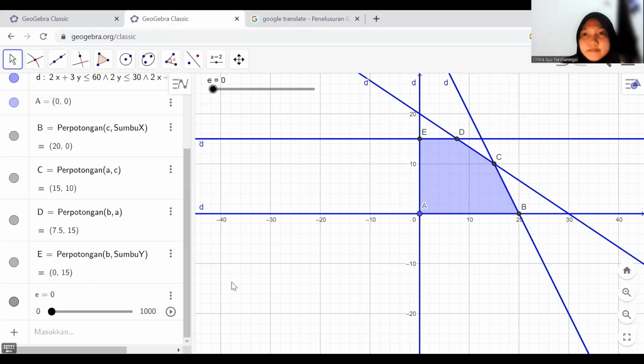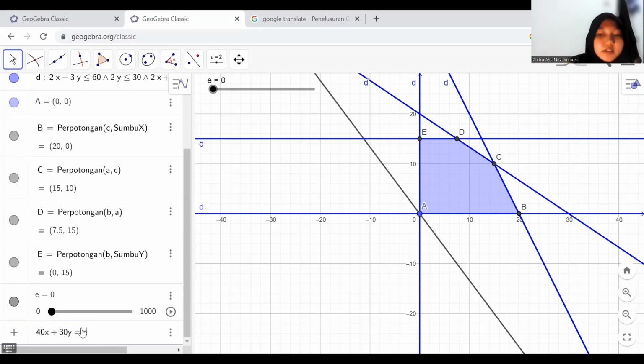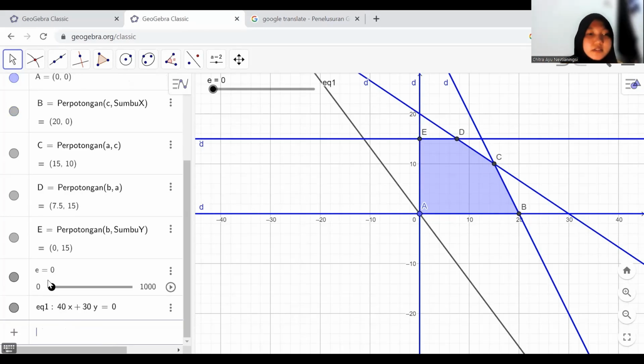Okay, after we determine the slider, we can write the objective function 40x plus 13y equals a. After that, we can change it, so we can see this inquiry line.